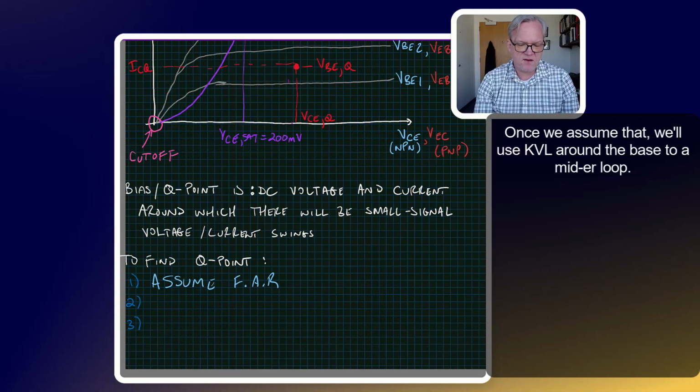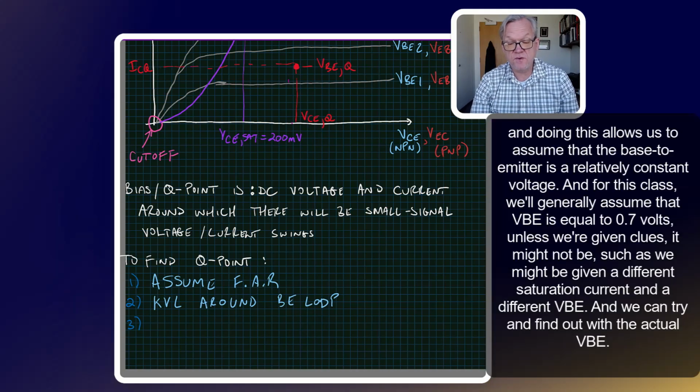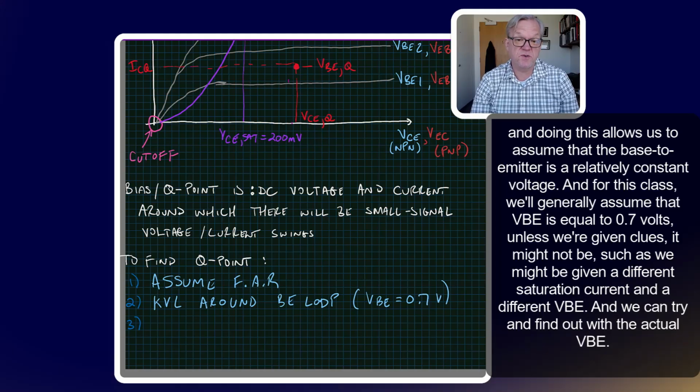Once we assume that, we'll use KVL around the base to emitter loop. And doing this allows us to assume that the base to emitter is a relatively constant voltage. And for this class, we'll generally assume that VBE is equal to 0.7 volts, unless we're given clues that it might not be, such as we might be given a different saturation current and a different VBE, and we can try and find out what the actual VBE is.